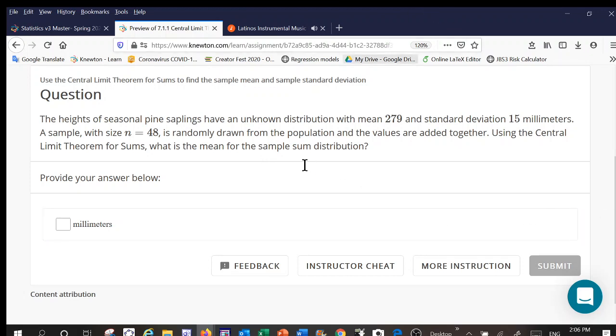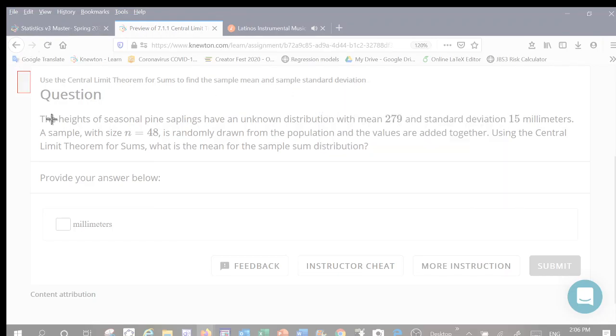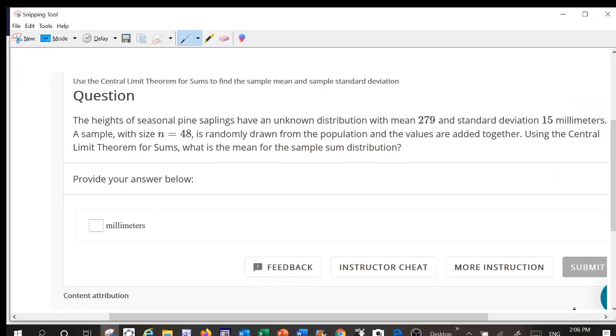Again, notice what we are doing. Let me do another whiteboard here. We are taking samples from a distribution of size 48, and then we are finding the sum, not the mean, but the sum.